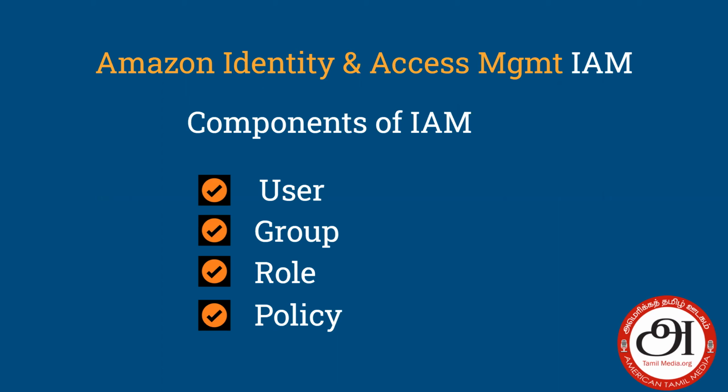Also some people or some machine. The role is not only applicable for people. You can also assign a role to a resource, being EC2. EC2 is a virtual machine, right? A virtual machine can have a role. The role is nothing but saying this virtual machine can access this particular S3 bucket.